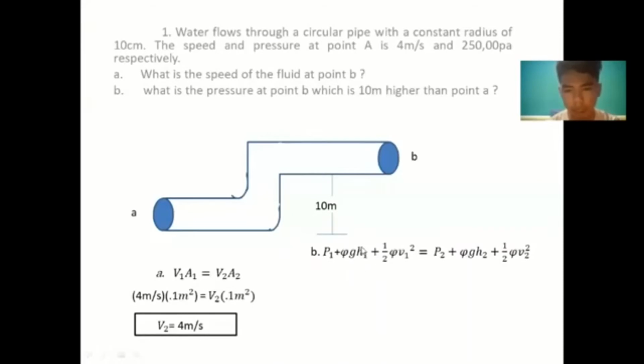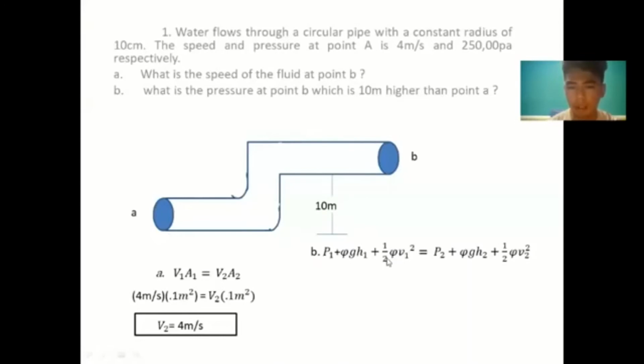So we know that this rho g h1 is cancelled because the height of this is 0, so any number times 0 is 0. So we can cancel this, and we can cancel this one also because the velocity from tube A to tube B is still the same.